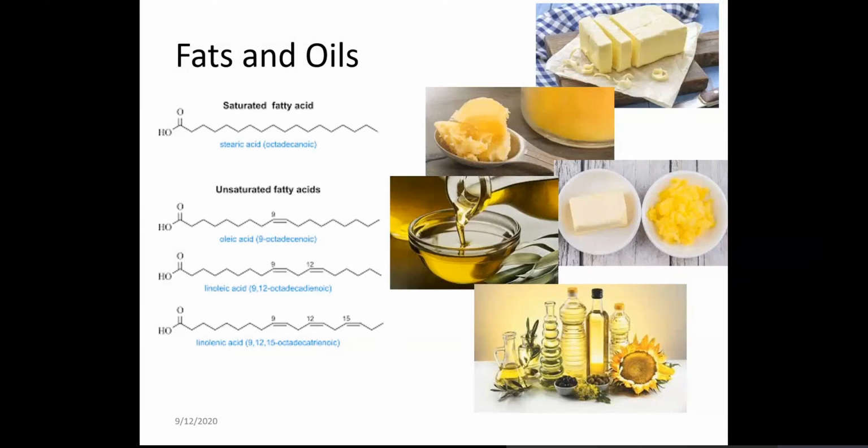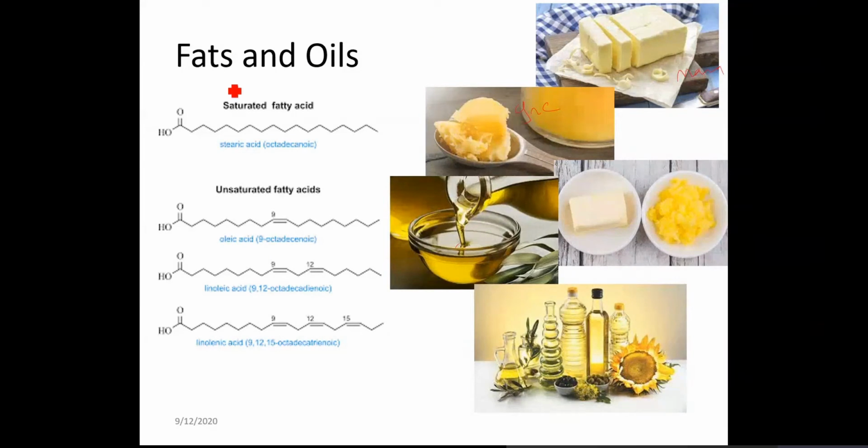So you all know that in the hydrogenation process, you see on the slide, this is a butter or a ghee. This is a butter, or you can also call it a margarine. Okay, and when you look at this oil which is liquid, maybe it is either a sunflower oil or any oil.